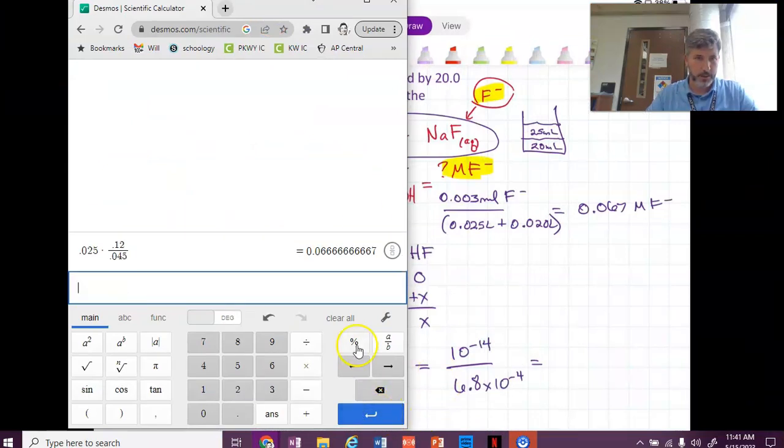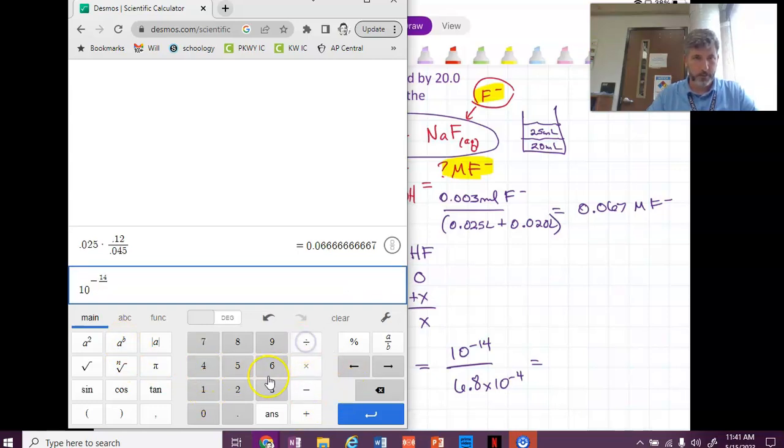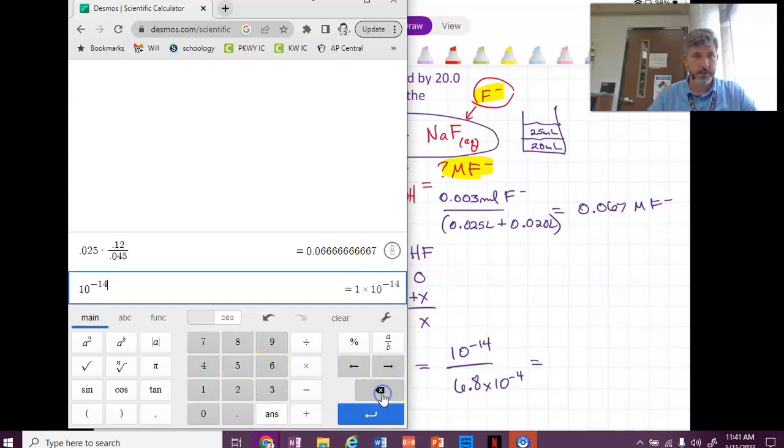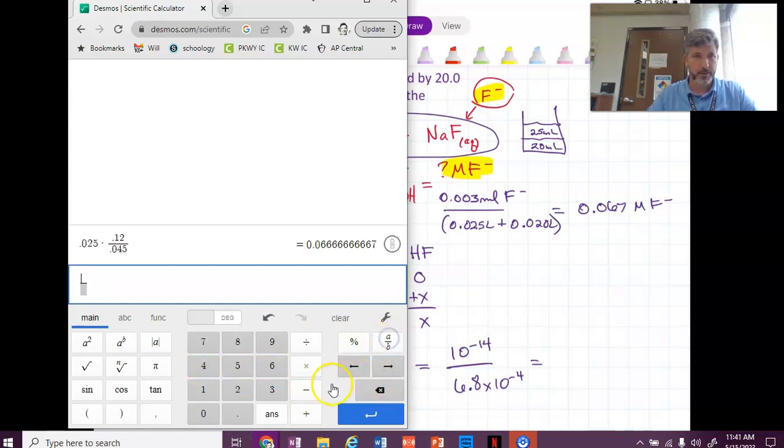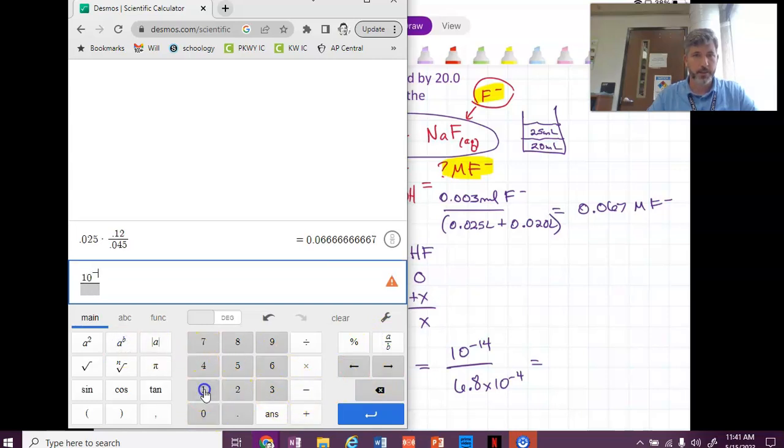All right, so let's go down here. So we're just going to do 10 raised to the negative 14. Oops, I did that the wrong way. Let me backtrack and do this as a fraction. 10 raised to the negative 14. And then on the bottom, I'm going to put my Ka of hydrofluoric acid.